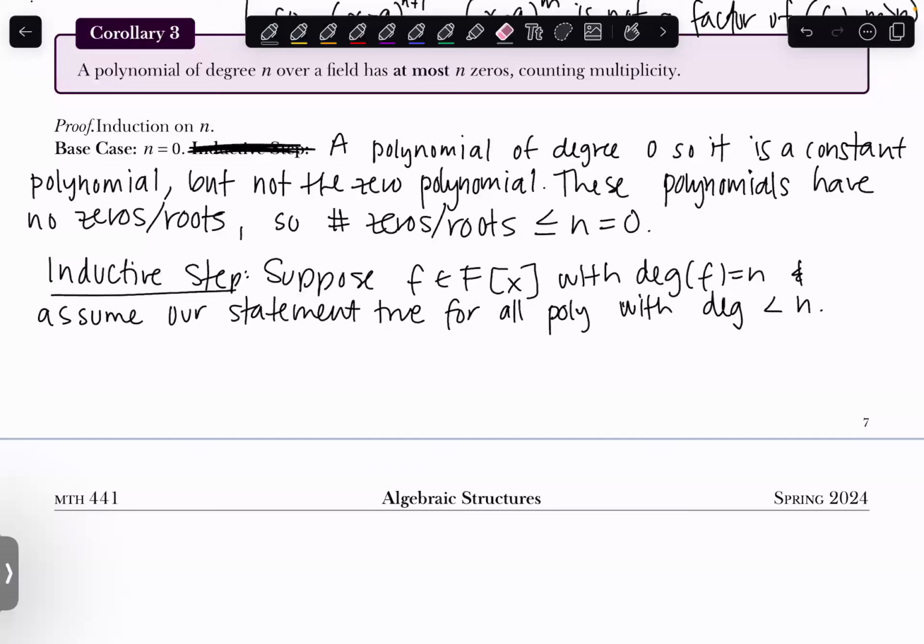Okay, so here we're going to suppose we have a zero. So let's suppose this element a in my field is a zero of the polynomial, or a root. So when I plug it in, when I think of it as a function, I do get 0 back out. And let's say it has multiplicity k.